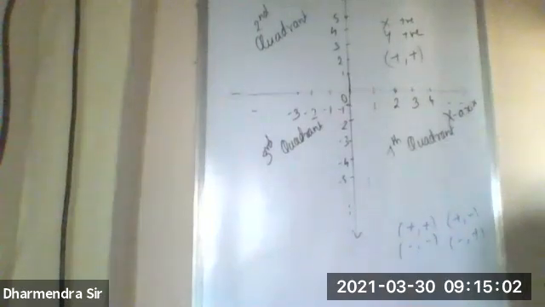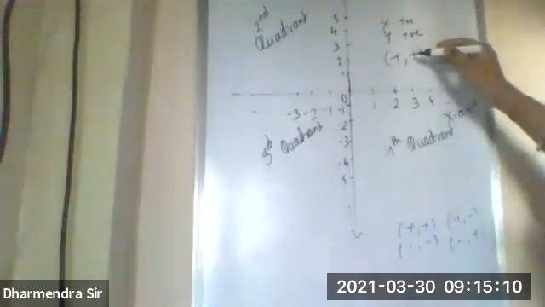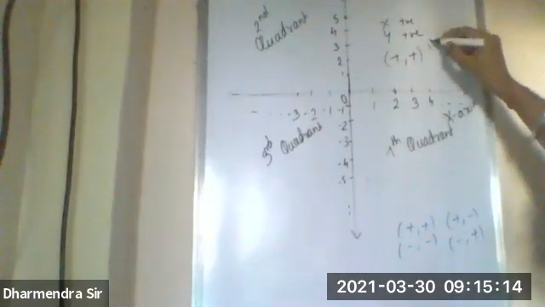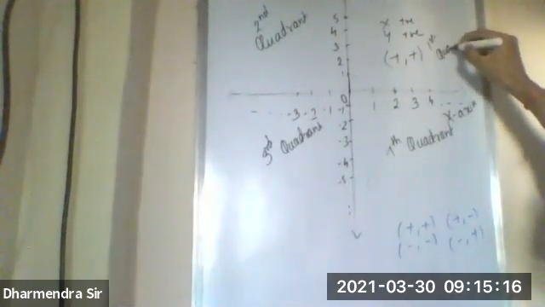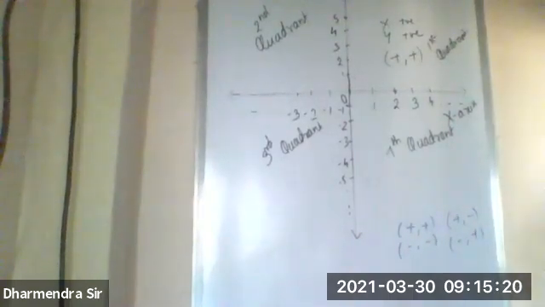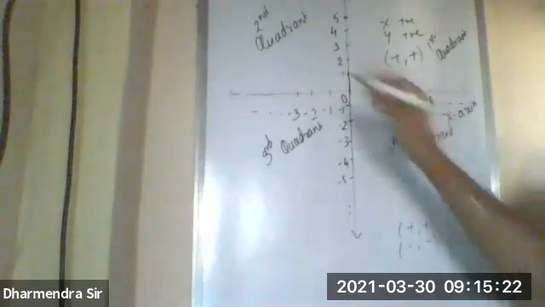If both the coordinates of a given point are positive, then it lies in the first quadrant. And the point lies in the first quadrant.